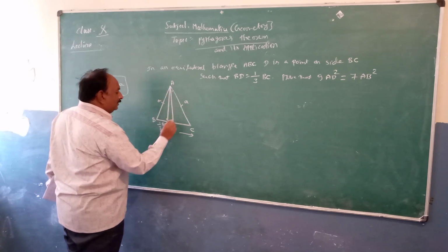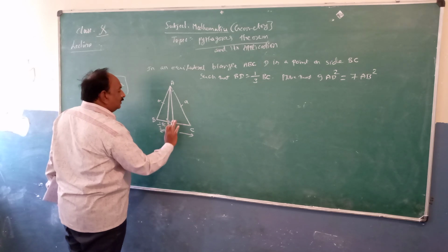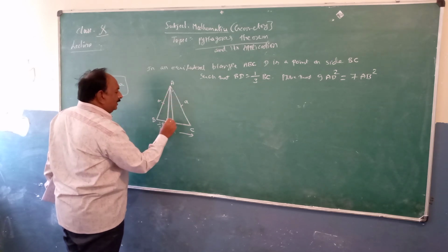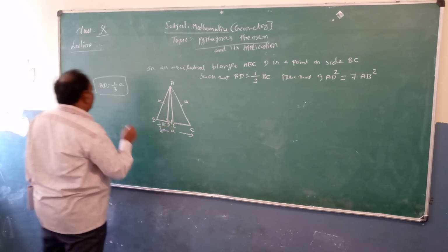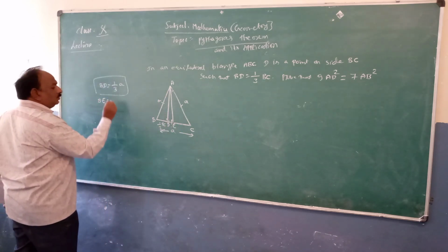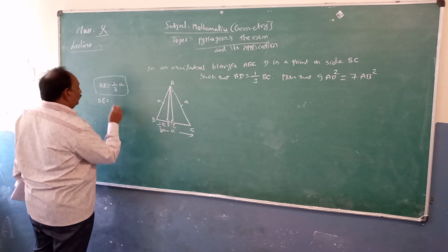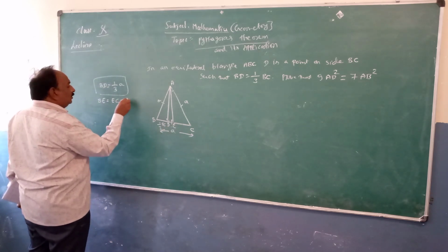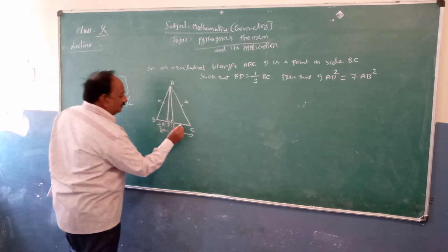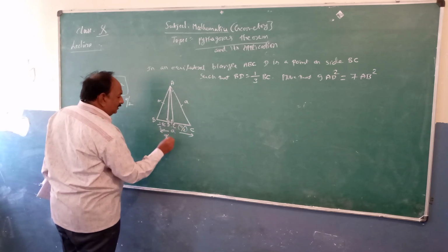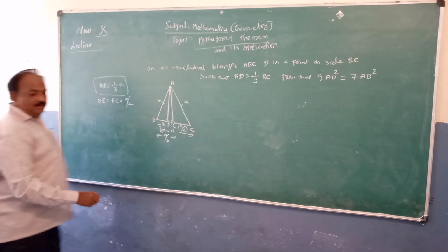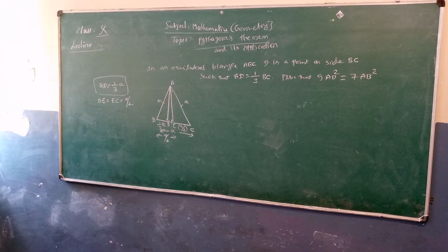The perpendicular drawn from the vertex divides the third side. It means to say that this is E. BE is equal to EC is equal to A by 2. The total measurement is A by 2 and A by 2.